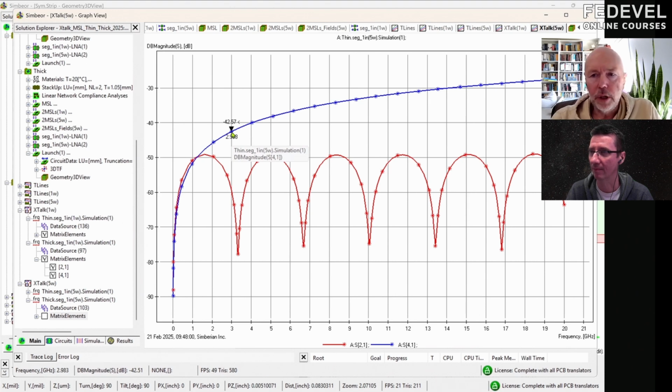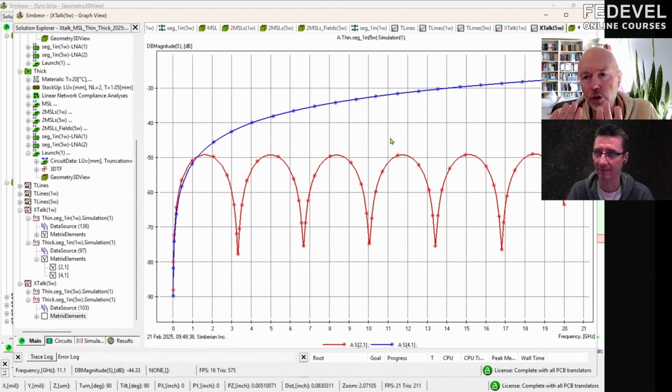Minus 42, let's just compute it, divided by 20, it's 5 millivolt now, if I'm not mistaken. Yes, 5 millivolt. It was 50 millivolt, now it's 5 millivolt. So considerably down. And then the far end crosstalk grows with frequency.